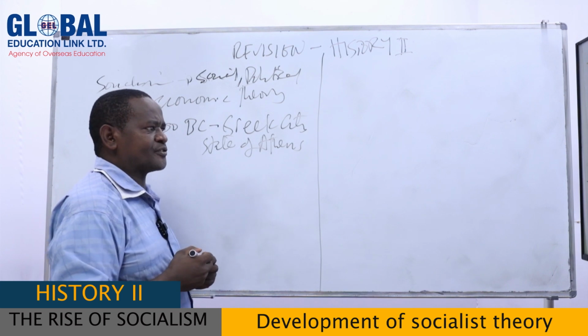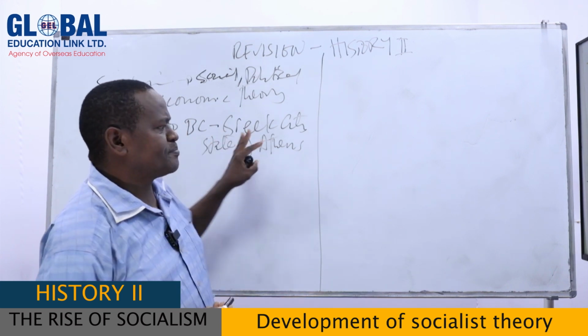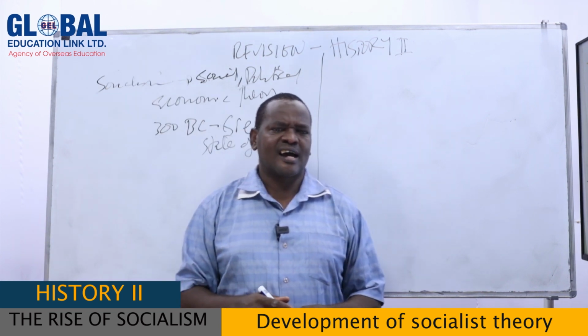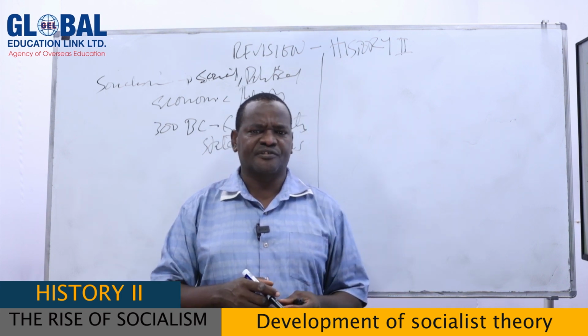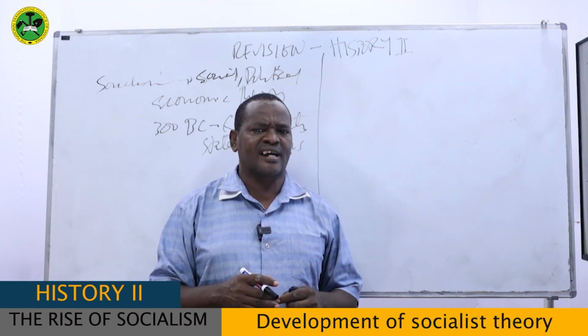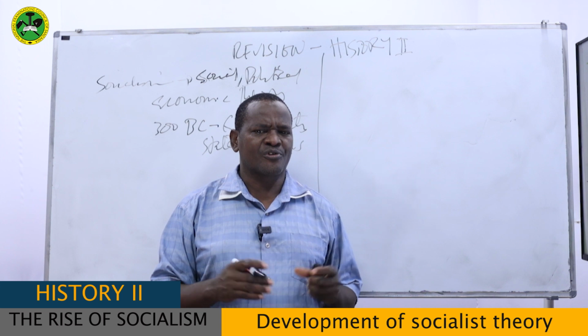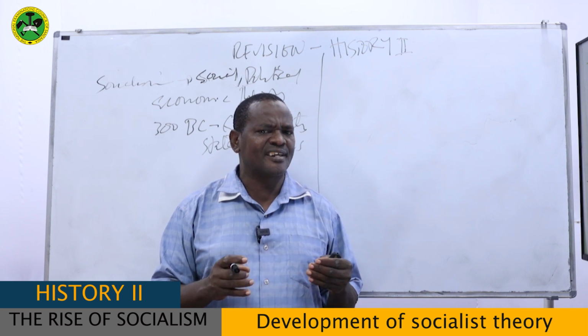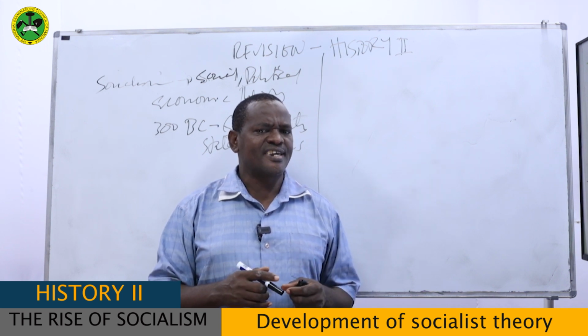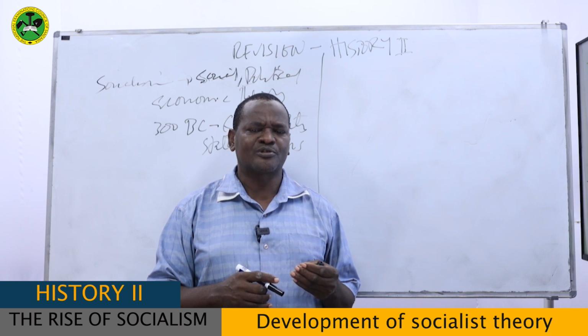During this time, there were some philosophers, and here we are talking of people like Plato. Plato wrote a book called Republic, and in it he explained the way people should live.